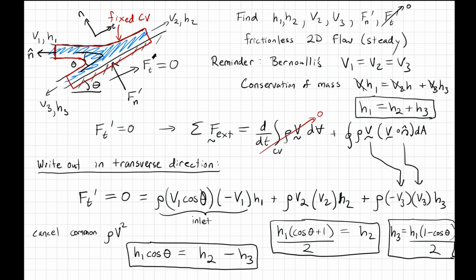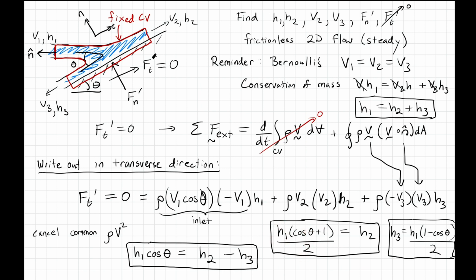And let's check and make sure, does this make sense, right? So if theta is 0, so if theta over here is 0, then basically we're just shooting our water directly along the plate. And in that case, cosine is 1. And in that case, 1 plus 1 is 2, divided by 2 is 1.